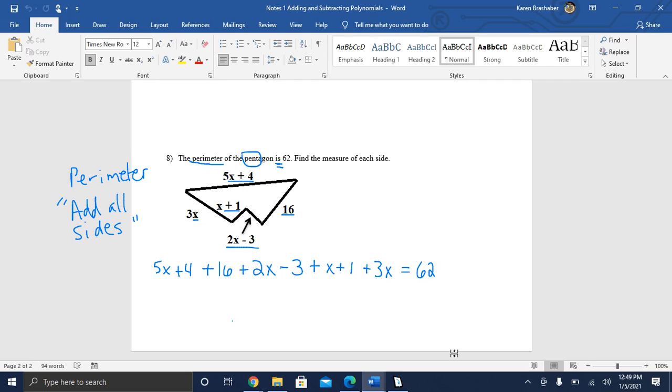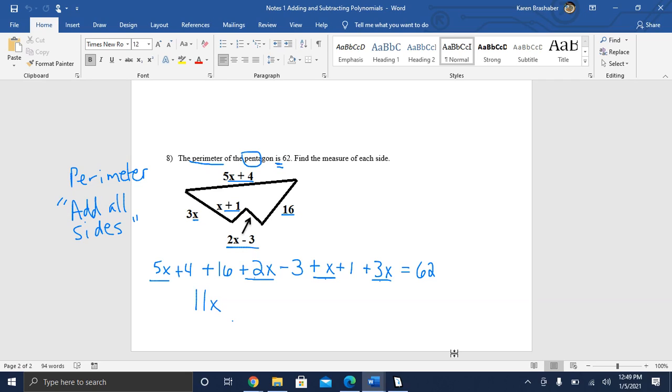So we'll combine our like terms. We have 5x. We have 2x. We have 1x. And we have 3x. So 5 plus 2 makes 7. Plus 1 for the 1x makes 8. Plus 3 makes 11.